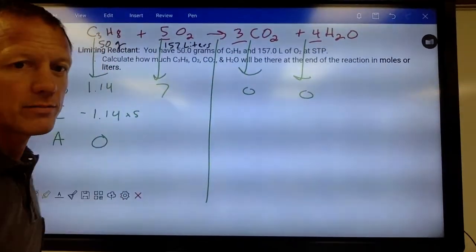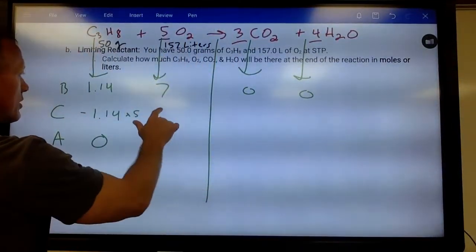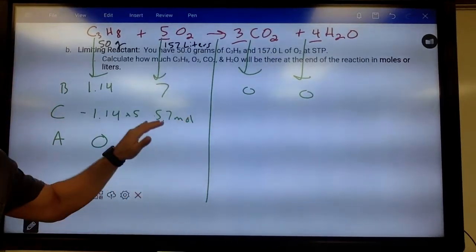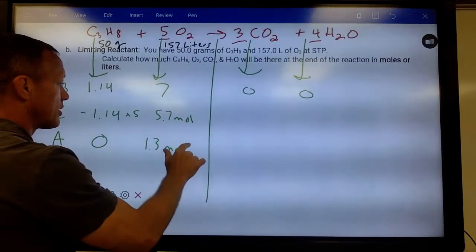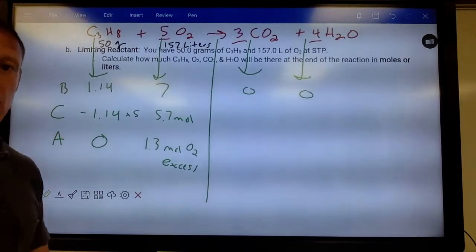All right, back on. That times that is 5.7. Remember, that's how much oxygen would have been used. 7 minus that is 1.3 moles of excess oxygen.